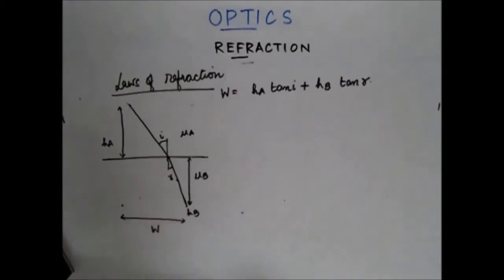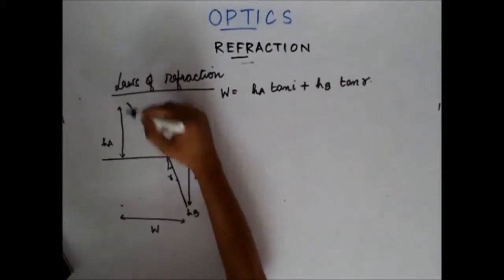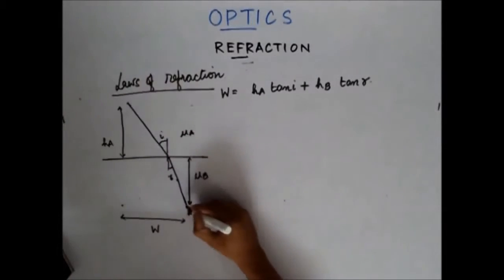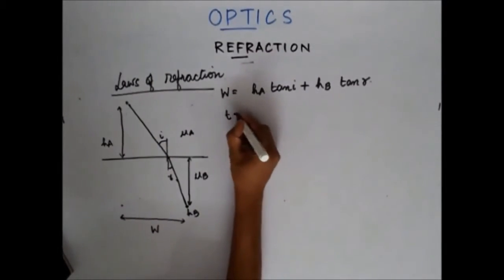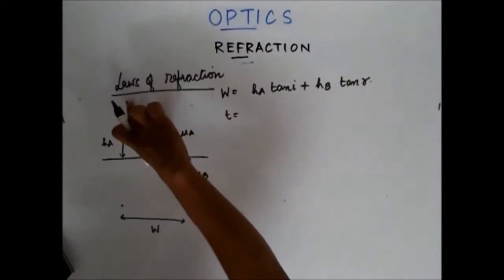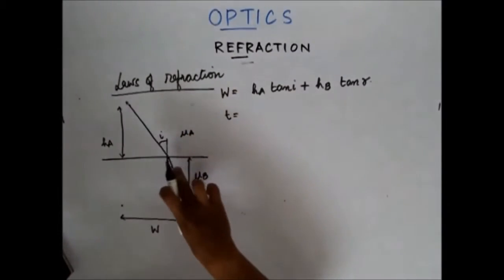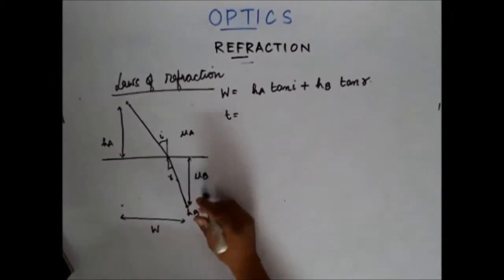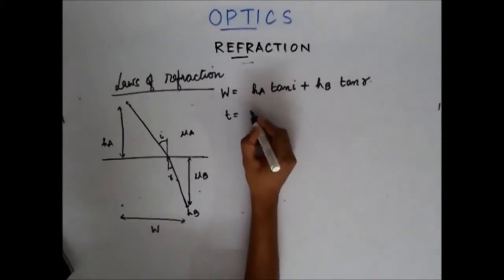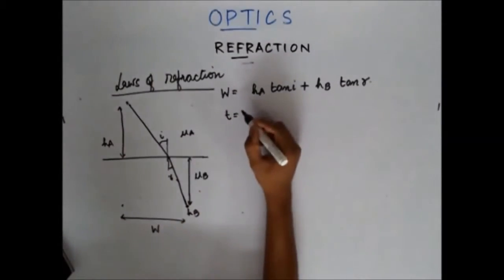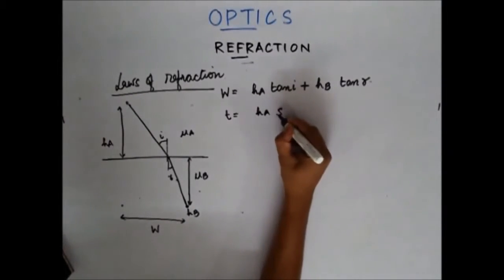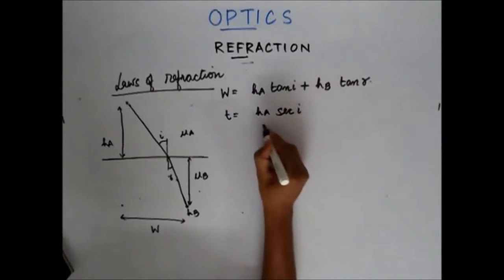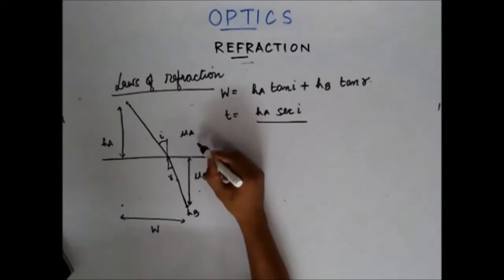Now what is the time taken by this light to reach from this point to this point? Let's say this time is t. It is equal to this distance divided by the velocity in this medium plus this distance divided by the velocity in this medium. This distance is nothing but HA sec I, so I need to divide by the velocity in this medium.